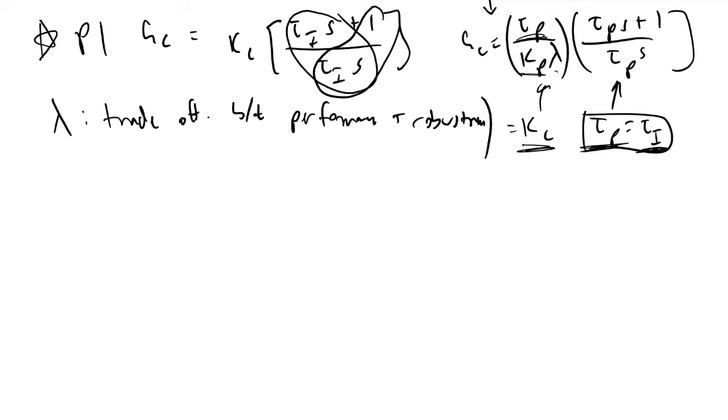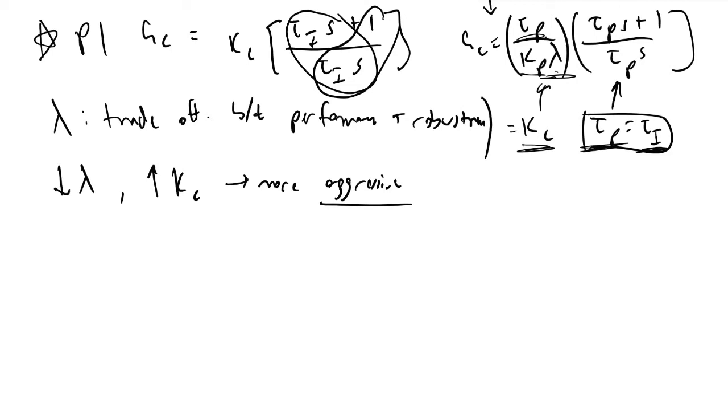And so what we'll note here is that as we decrease lambda, we will have an increase in our controller gain because it's inversely proportional, as we can see, and therefore our system will be more aggressive. And more aggressive can get us better performance. We're going to return to a new set point more quickly.